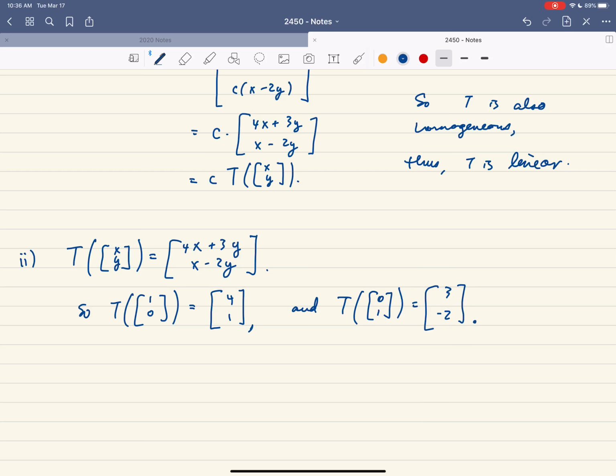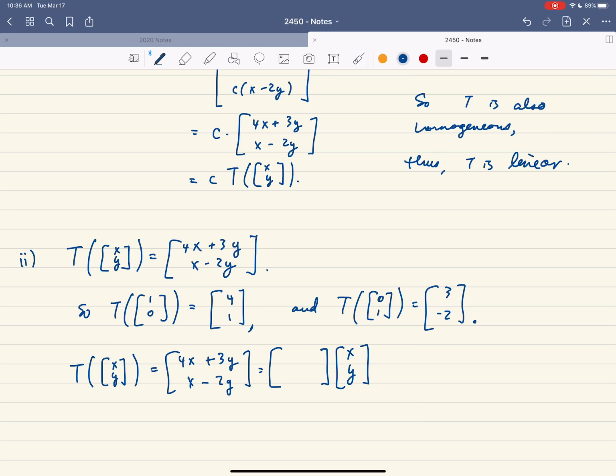The matrix that we're going to get is, if I have T of (x, y), that's going to be (4x + 3y, x - 2y). That's going to be some matrix times (x, y). And I want to think about what is that matrix.